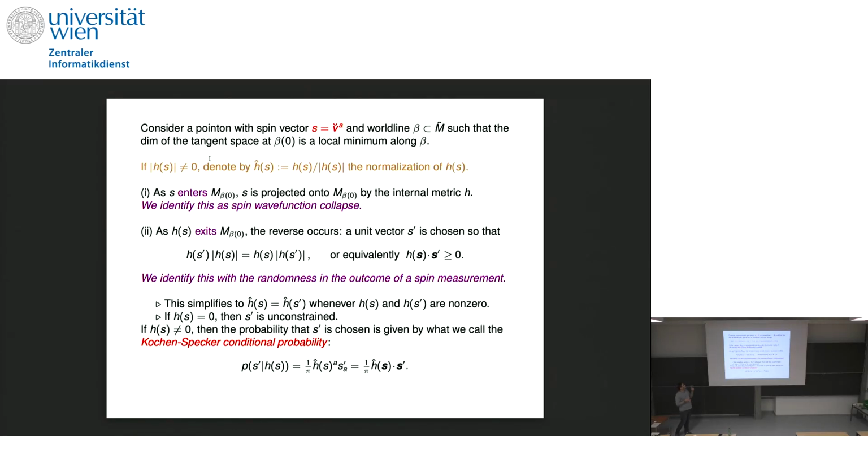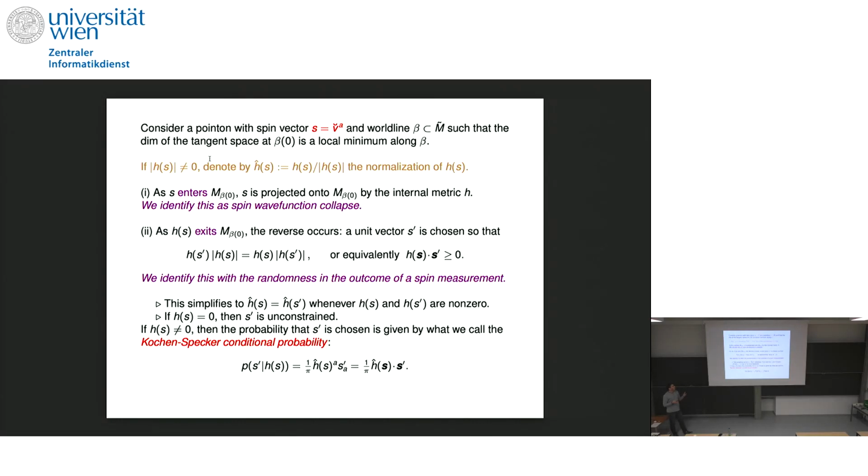So as S enters this lower dimensional tangent space at beta of 0, S is projected onto it by the internal metric H. And we identify this as spin wave function collapse. As H of S exits this lower dimensional tangent space to a higher dimensional tangent space, a section must be chosen, and the reverse occurs.